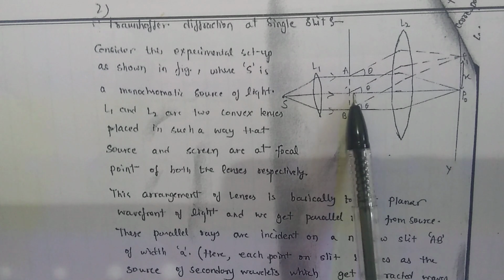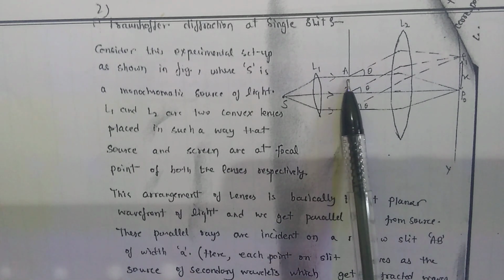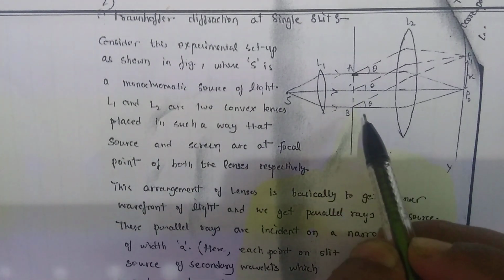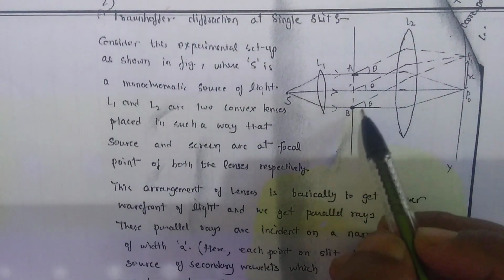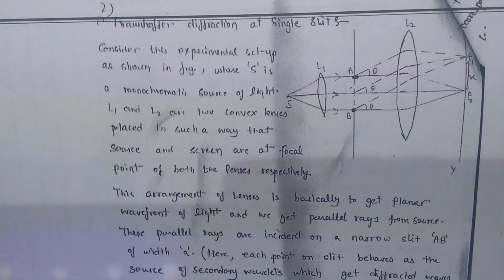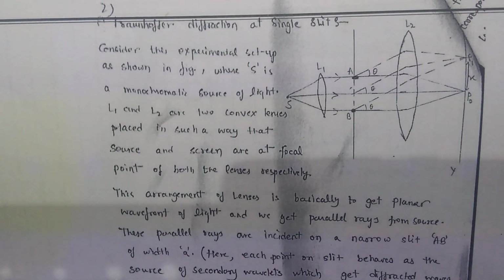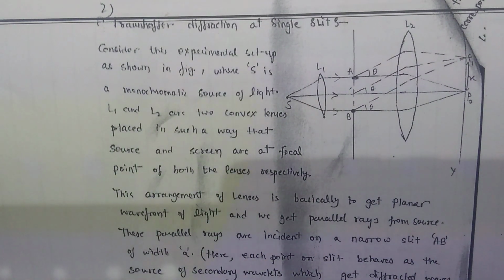The path traveled by a secondary wavelet source from point A or from point B is the same. So when these secondary wavelet sources superimpose there, they will make a maxima, which is also known as the central maxima.